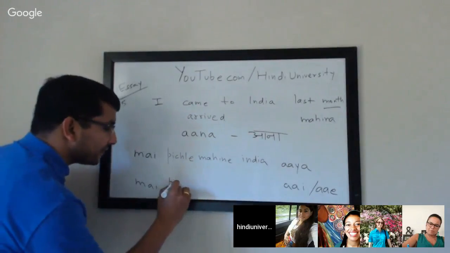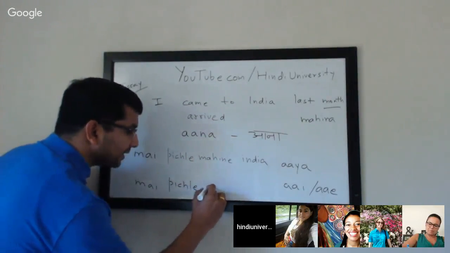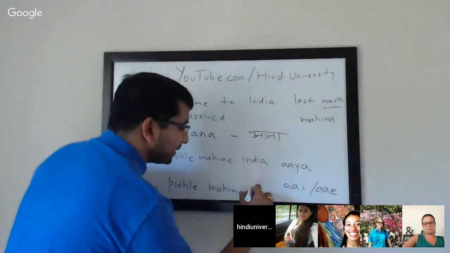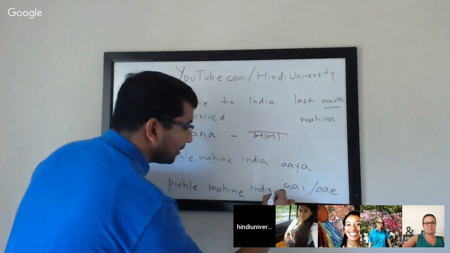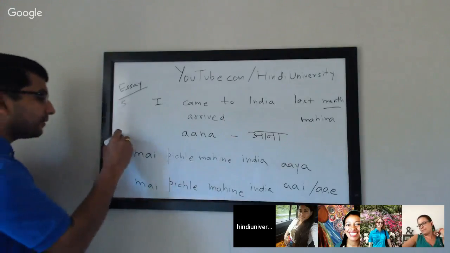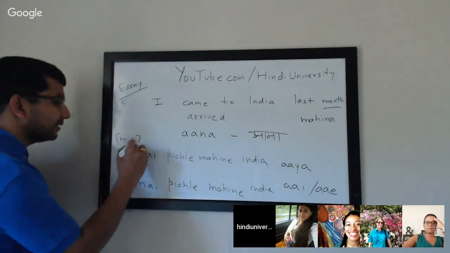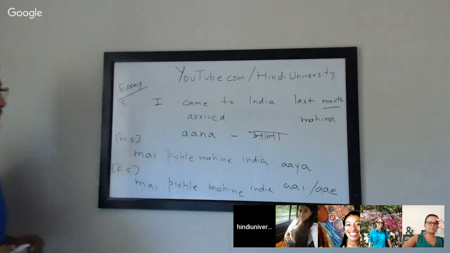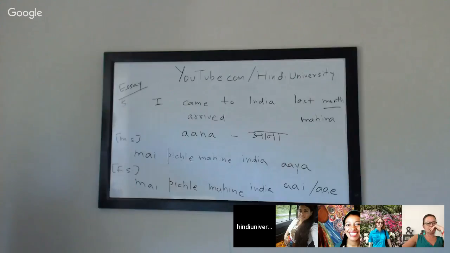And for a girl, you'll say मैं पिछले महीने इंडिया आई. Okay, so I hope this is clear. Let me write it down again. This is for masculine singular and this is for feminine singular. Okay. Right. So let's move on.